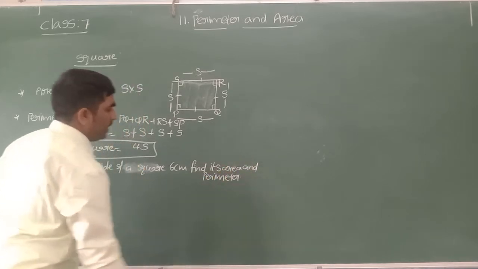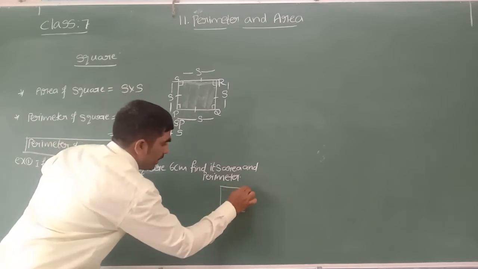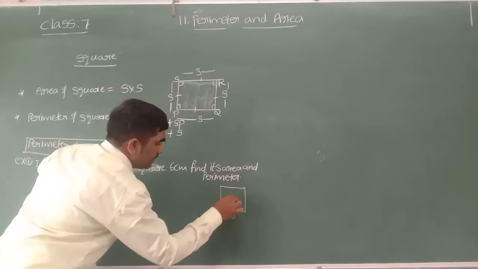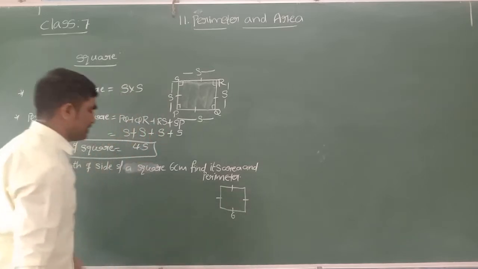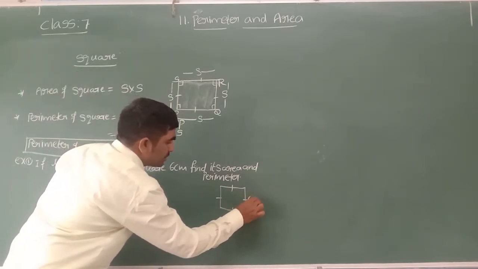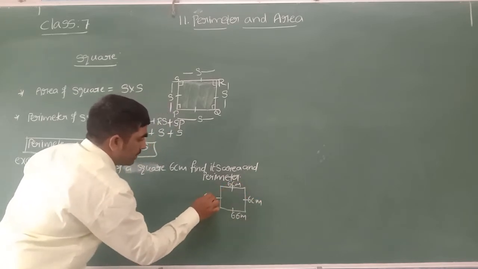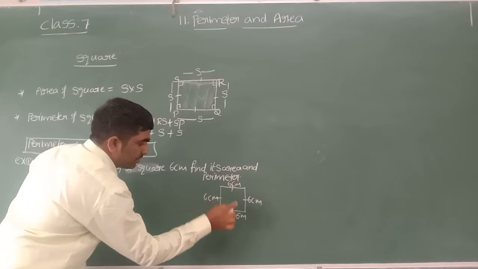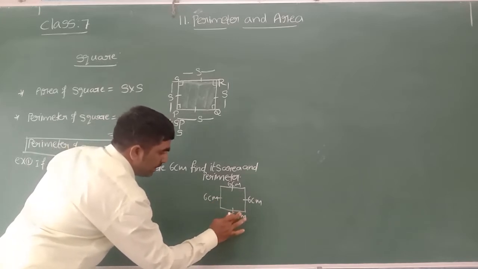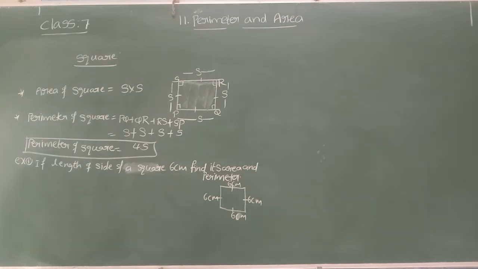Here they gave a square whose side is 6 centimeter. All the sides must be equal in a square. So when we know the length of the side of a square, how do we find its area and perimeter? Let us see now. You can see the solution.